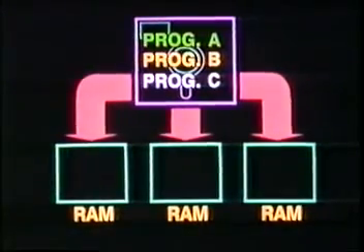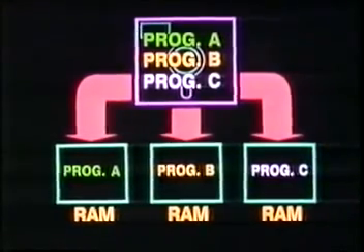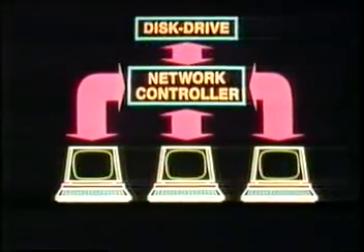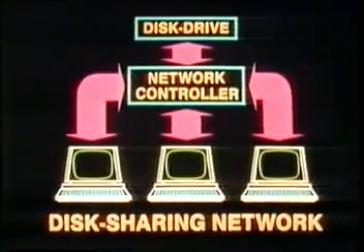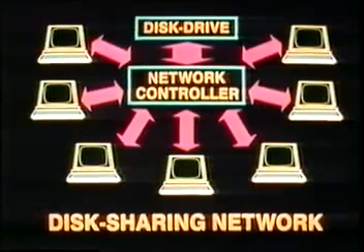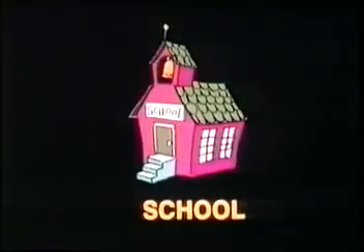They can all load the same program, or each of them can load a different program from the same disk. The computers can also communicate with each other via the disk drive. This is an example of a local disk sharing network, which could link many computers together within a single building, whether it be a factory, an office, or a school.